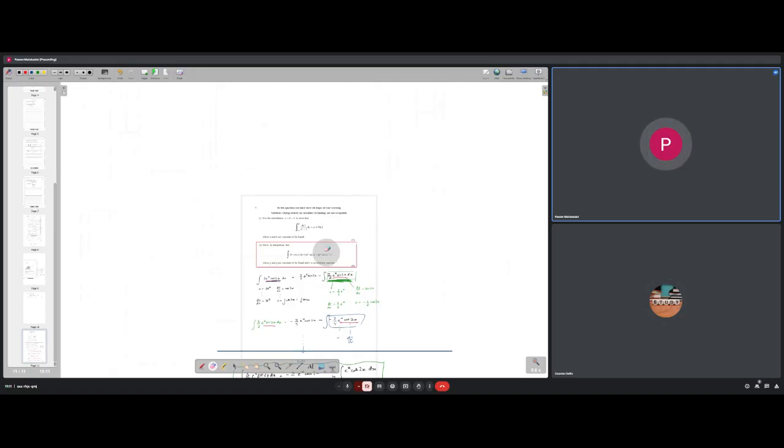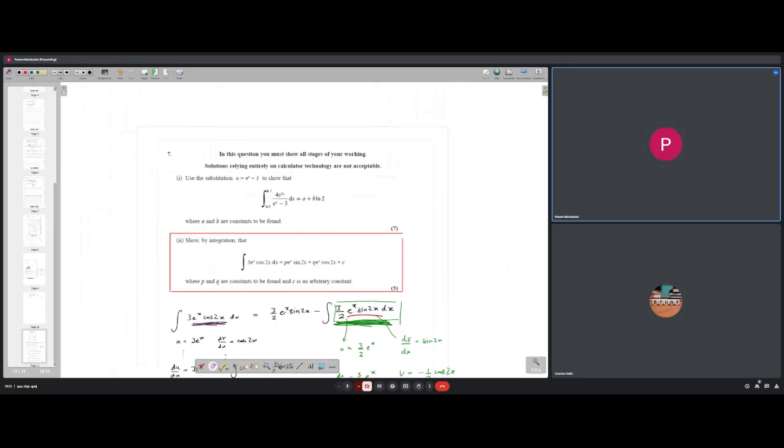Okay. Let me just check that this is the actual answer to the integral, from alpha to tool.